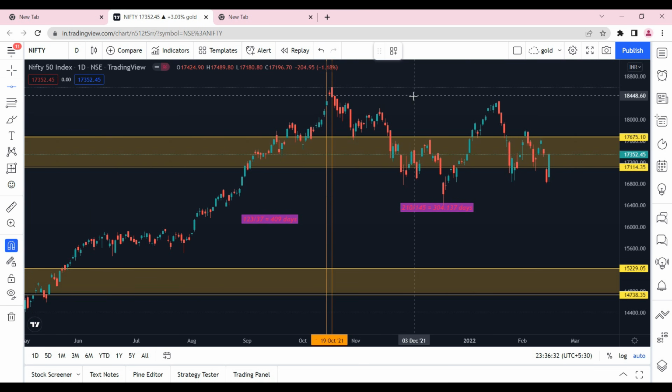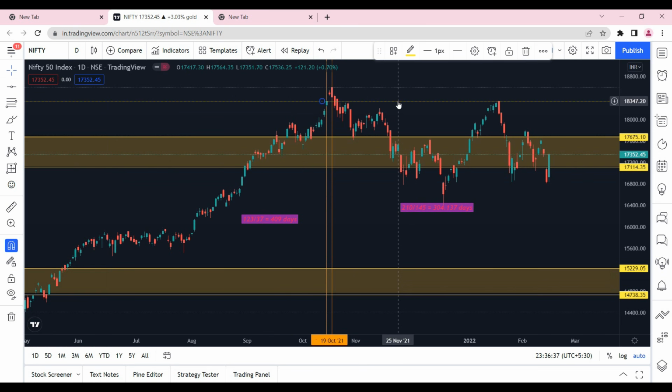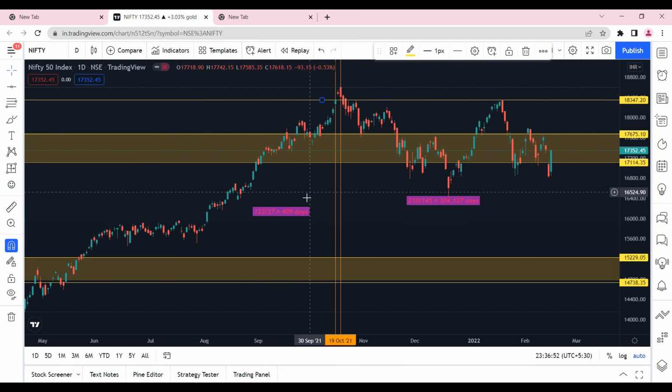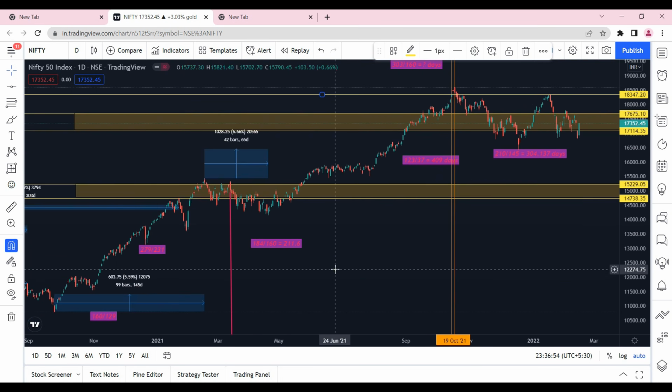It's around 18350 actually. I'm going to mark it randomly. So once the price touches and the time is up, we know that something is about to happen. When the next calculation comes, you can see the perfect all-time high time.